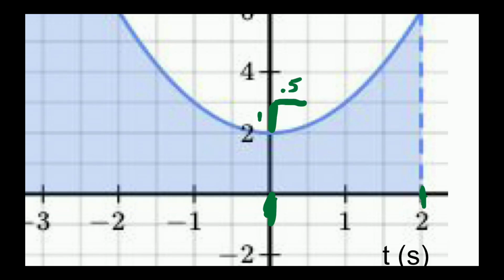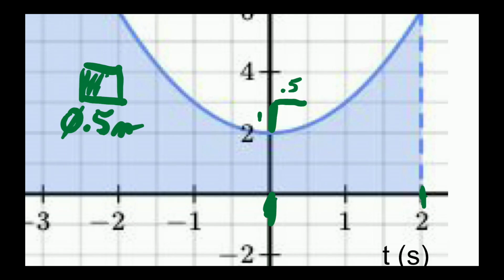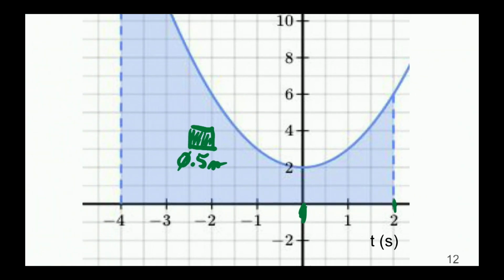So 1 times 0.5. 1 square in this graph represents 0.5 meters. Remember that. I'm going to just remember that because it's going to be useful later. Let's get rid of this and let's get to work.